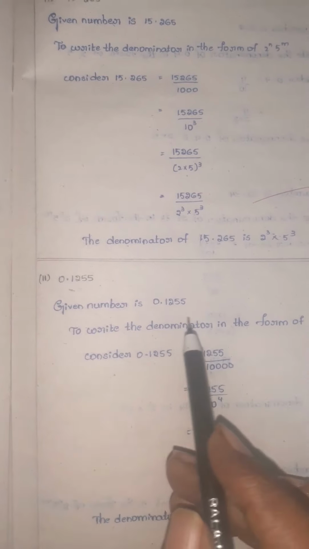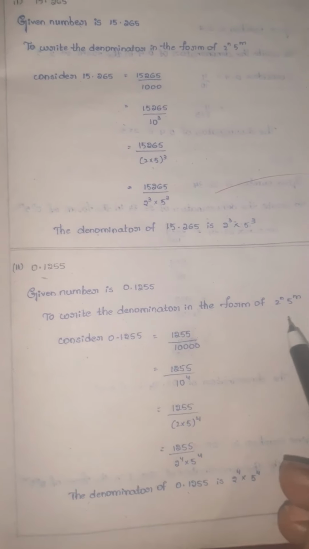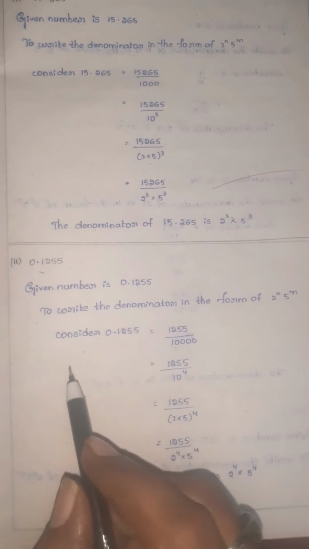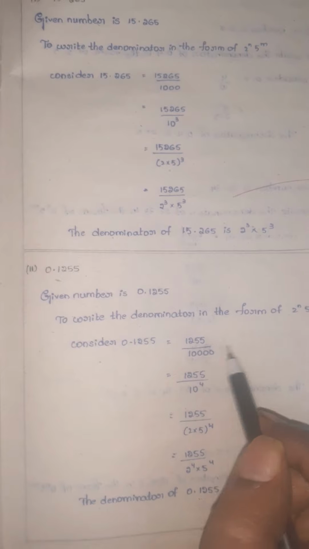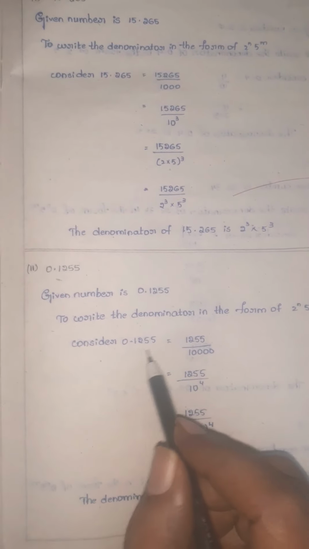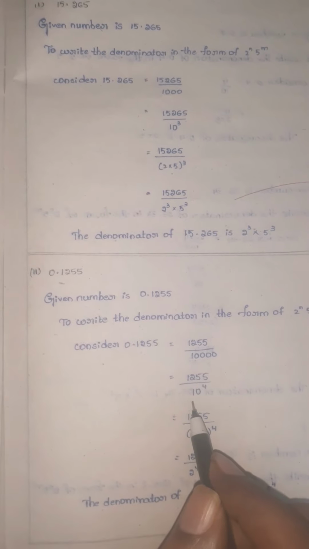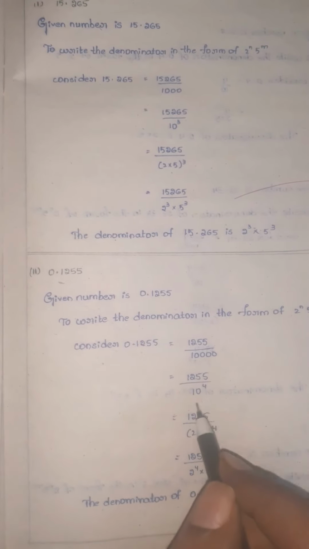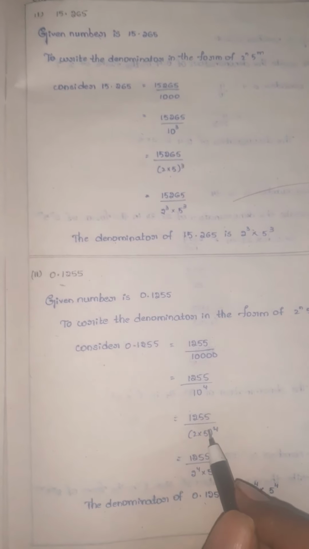0.1255. Given number is 0.1255. It is asking to write the denominator in the form of 2 power n into 5 power m. So consider 0.1255 equal to 1255 by, after the decimal point 4 digits means 4 zeros. So I wrote numerator as it is. So here how many zeros? 4 means 10 power 4. So next step I wrote numerator as it is.